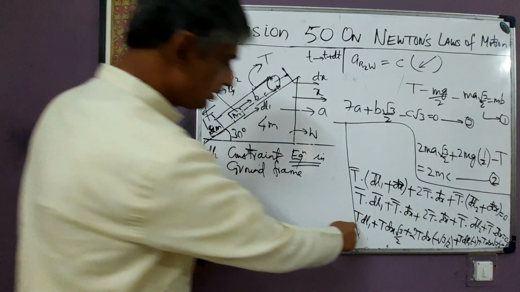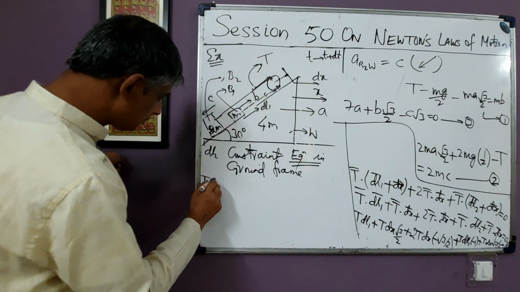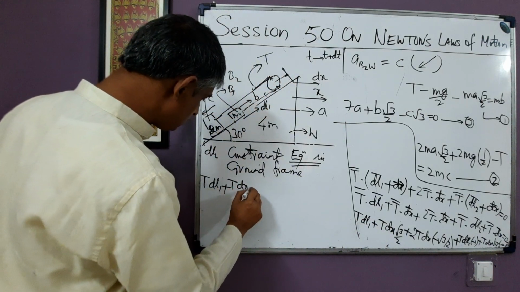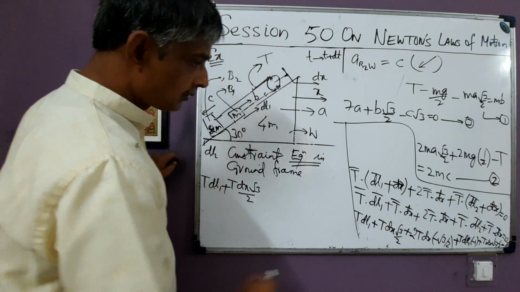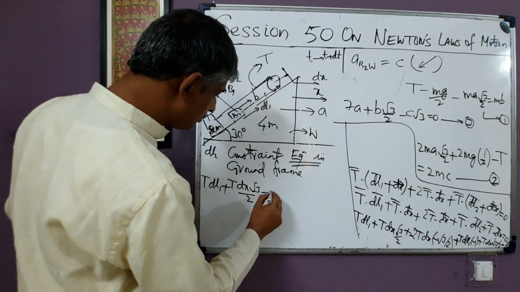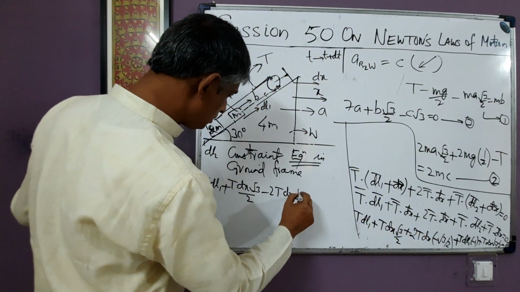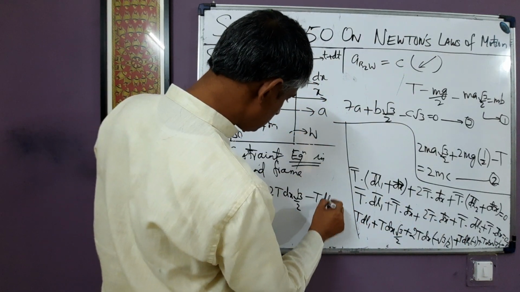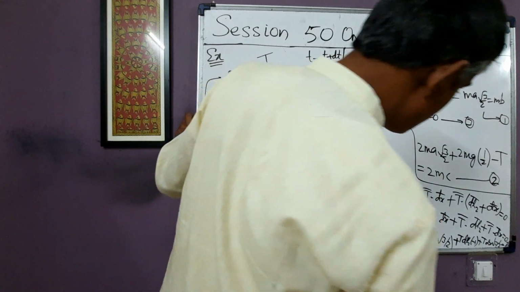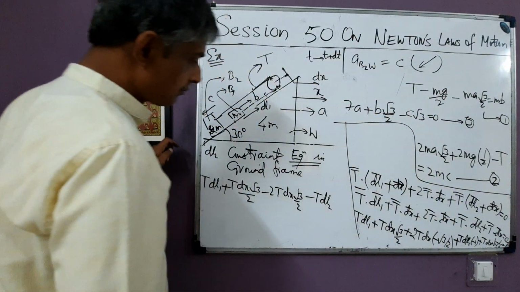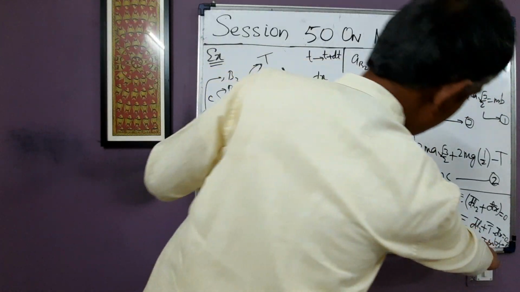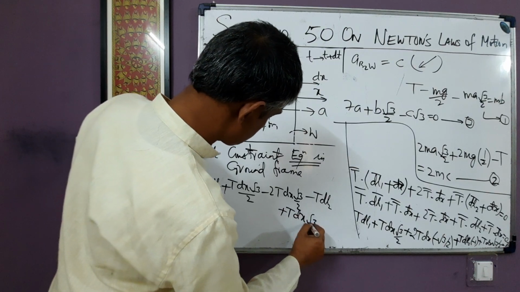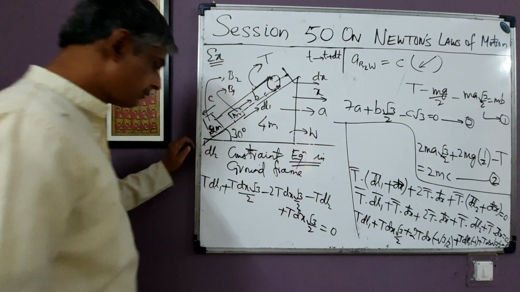Fine. Now what do we get? T dl1 plus T dx root 3 by 2 minus 2T dx root 3 by 2 minus T dl2 plus T dx root 3 by 2, last term here, adds up to 0.